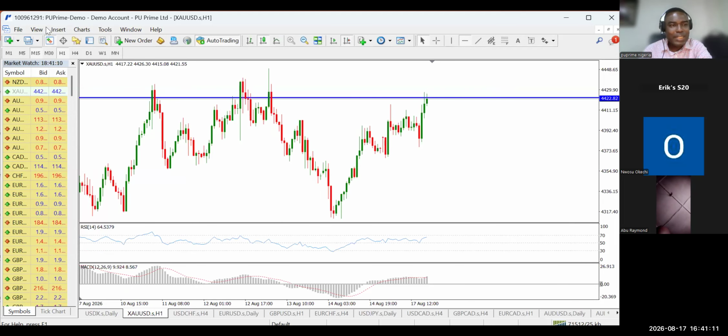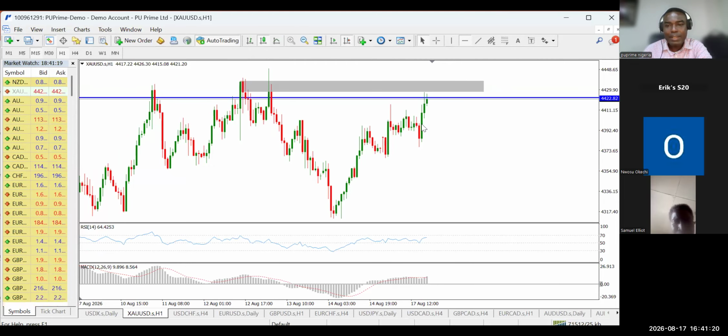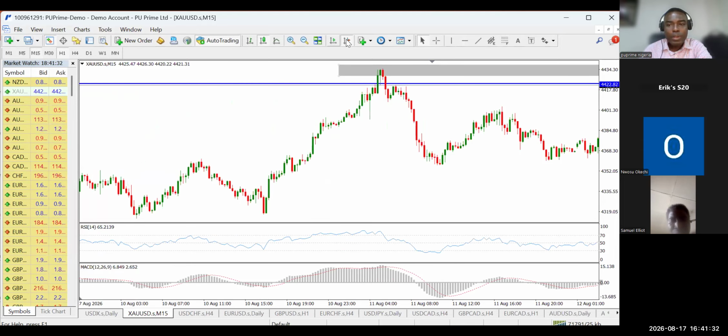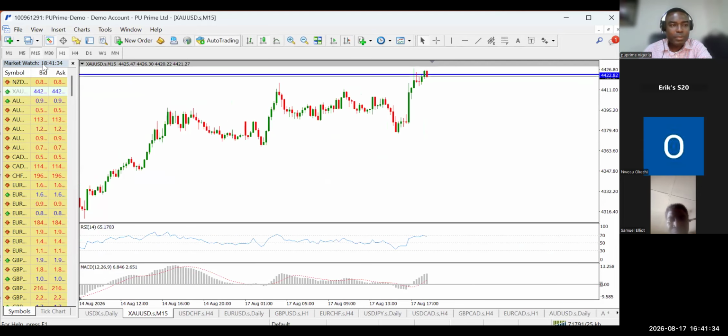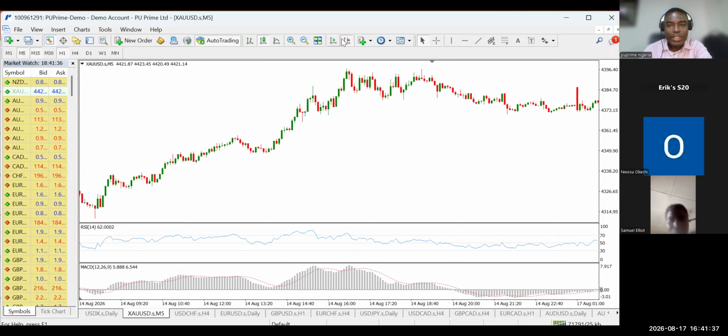The valid resistance level here is actually this range here, and price didn't get there. This can still be a range. Price didn't get there, so it's not a valid one. So you need to trade candlesticks with caution. They are powerful, but you need to get it right.